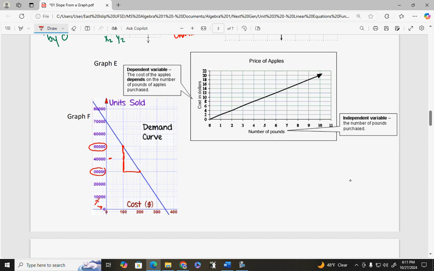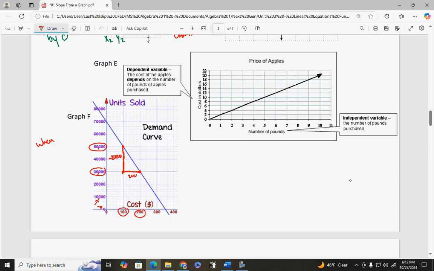I went from 50,000 to 30,000. Didn't I go down 20,000? And then if I were to count this, don't count your boxes, take a look at your scale. If I started here and went over to here, aren't I going over 200? So you have to be so careful when you scale. It does not go by ones.